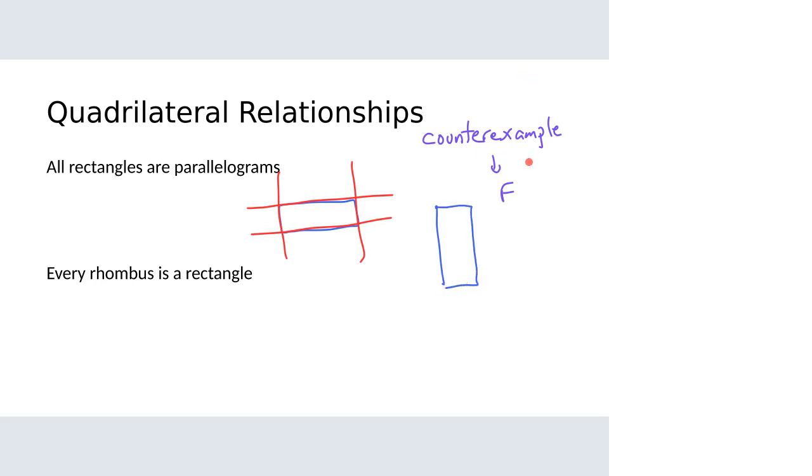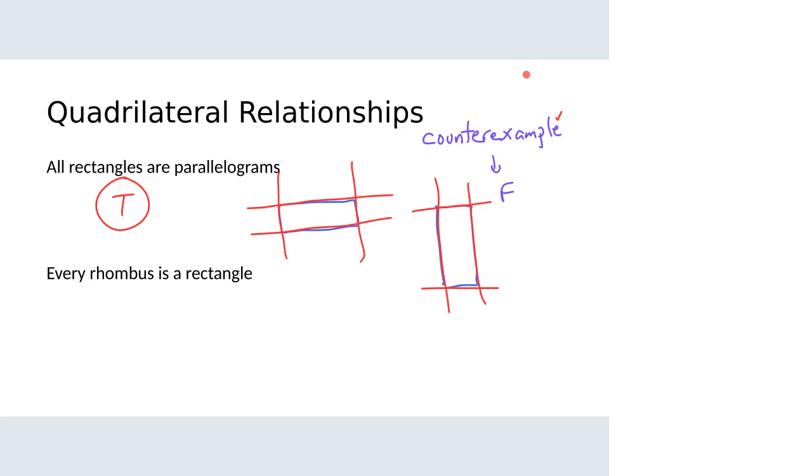Yeah, you know what? I still have two pairs of opposite sides are parallel. Yeah, every rectangle I draw is going to be a parallelogram. So in working to find a counterexample, realizing that I can't, I've convinced myself that this statement is true. All rectangles are parallelograms.